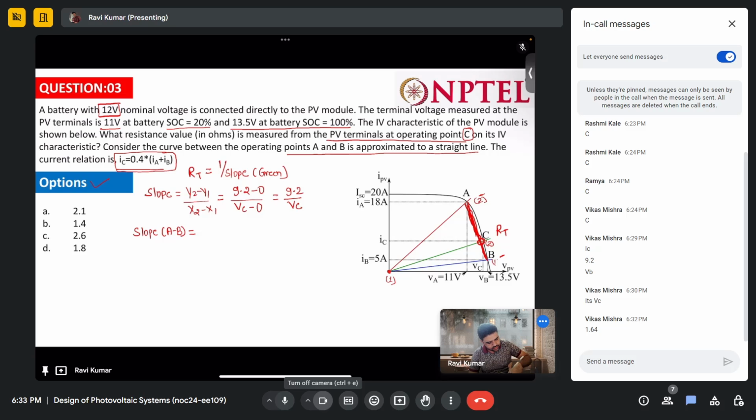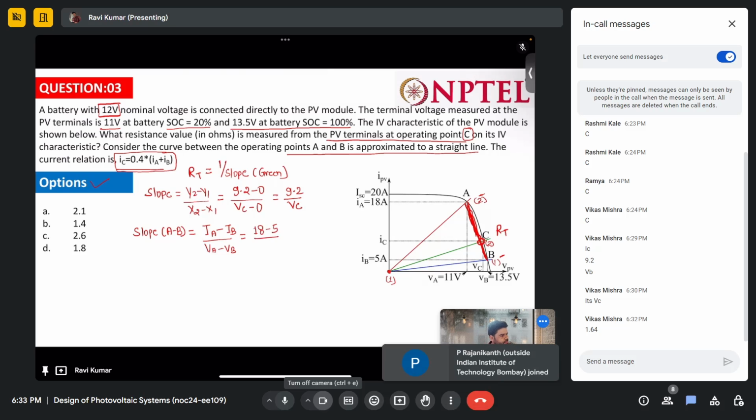So we will have IA minus IB divided by VA minus VB, that is equal to 18 minus 5 divided by, what are the things at x? 11 minus 13.5.